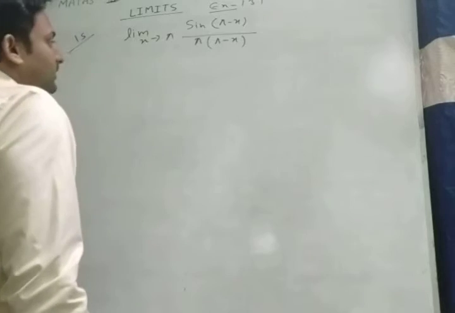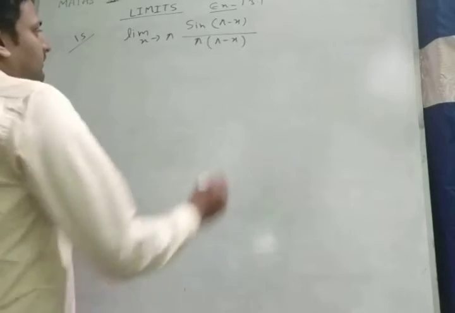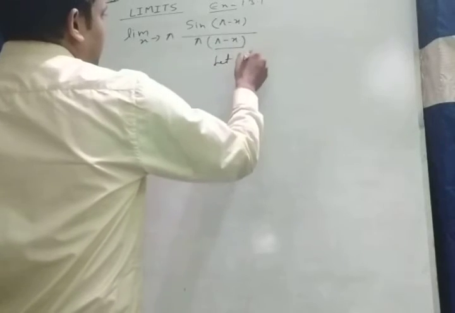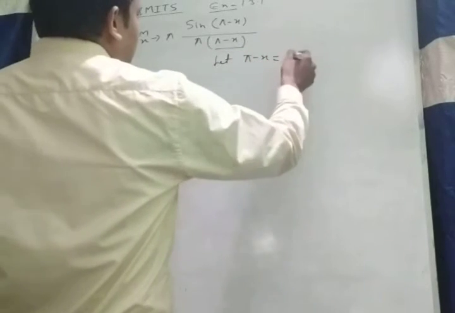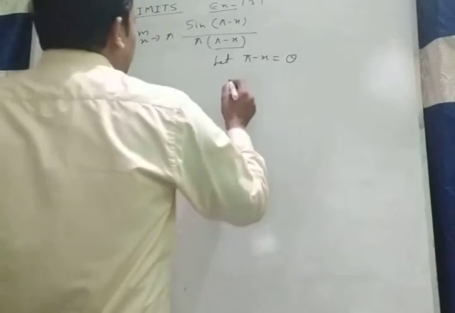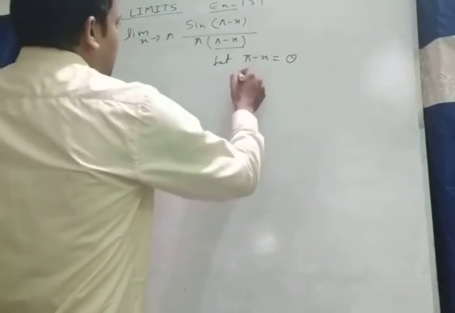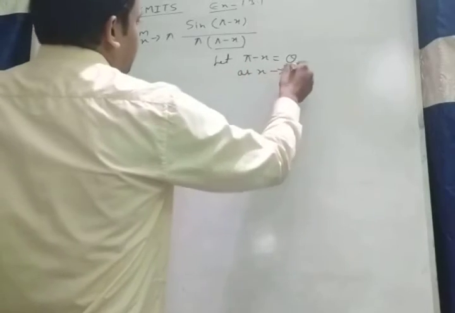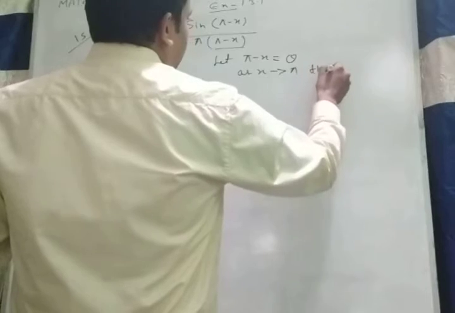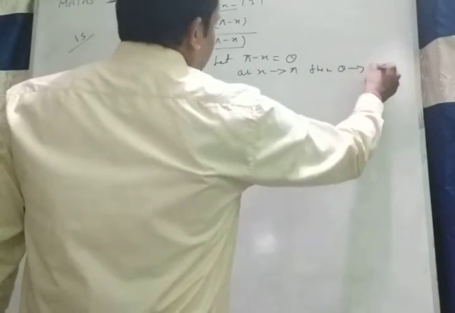First we will take this term: let pi minus x is equal to theta. So as x tends to pi, then theta tends to 0.